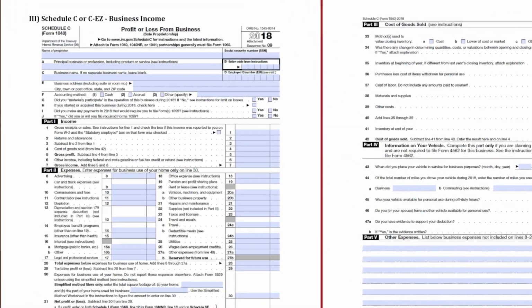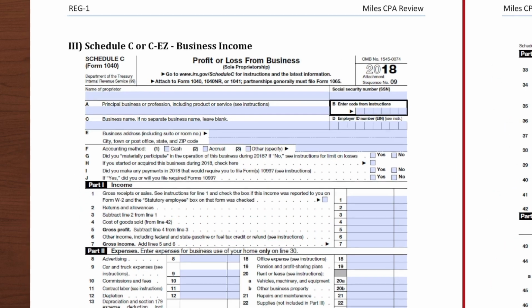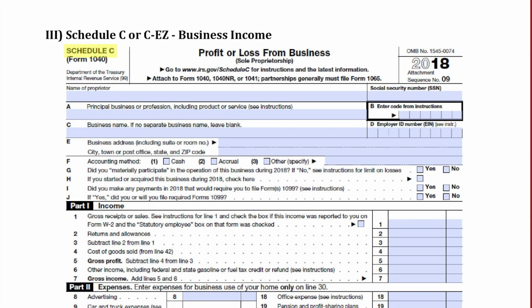On page 30, we are looking at, put a box around, Schedule C to Form 1040, which is about, highlight, profit or loss from business. And we're talking about, highlight, sole proprietorships. Highlight the heading, income, for Part 1. We start with line number 1 for, highlight, gross receipts or sales.